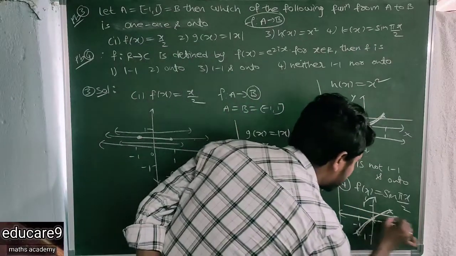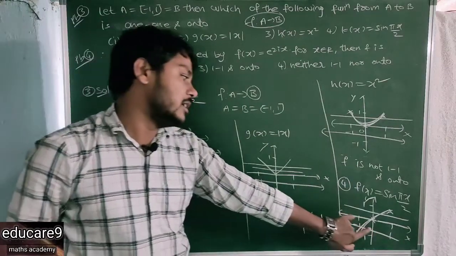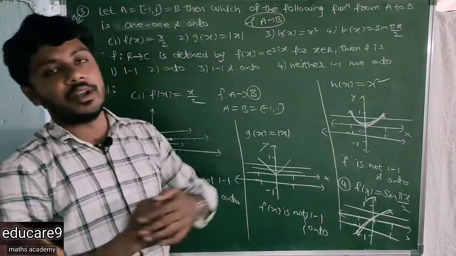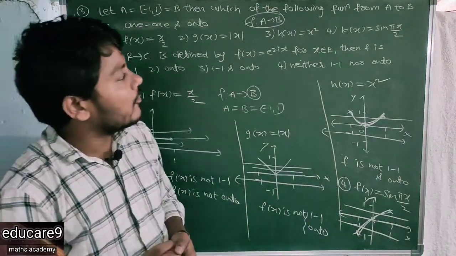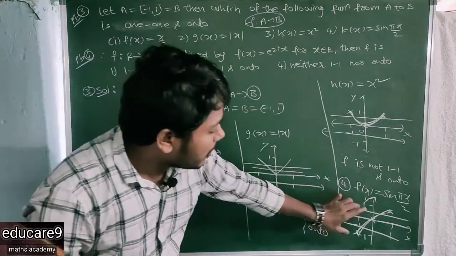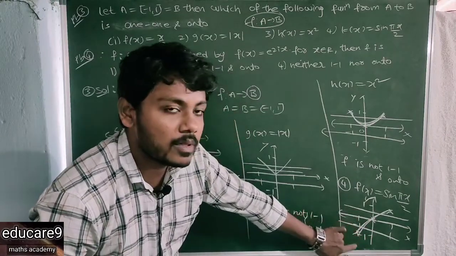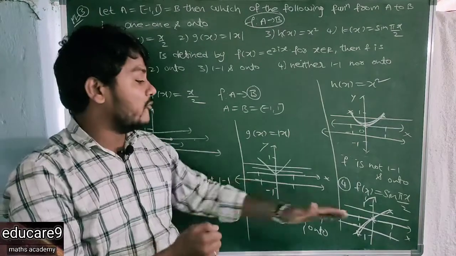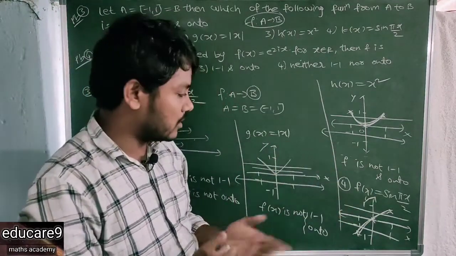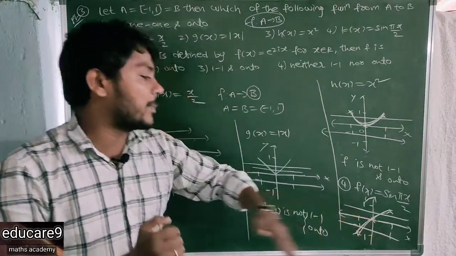Now draw the horizontal lines. So each and every horizontal line touches the given graph at a single point. Therefore it is 1-1. And for onto, you have to observe the codomain. So you have to draw the horizontal lines between -1 and 1. In that interval, every horizontal line touches the given graph at least at one point.